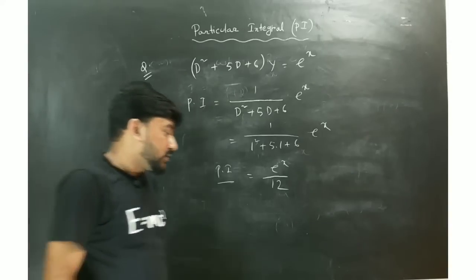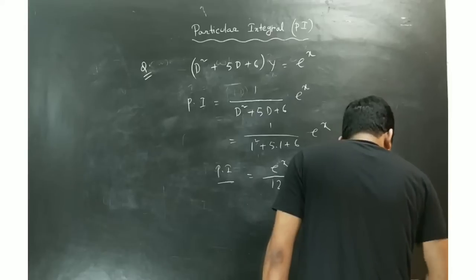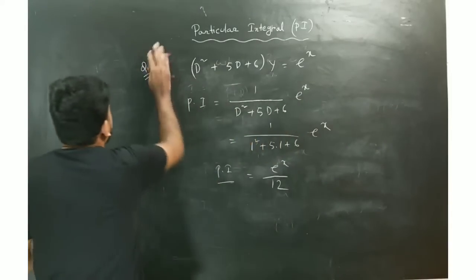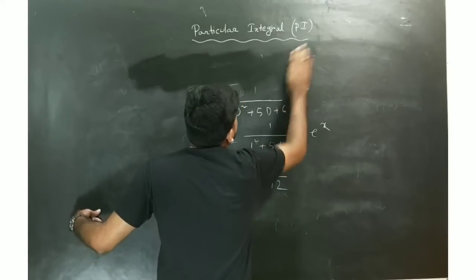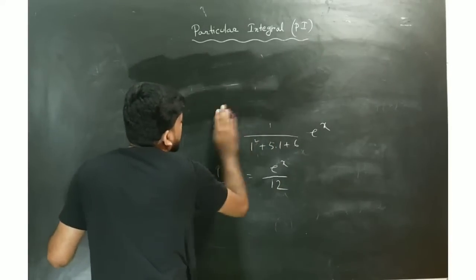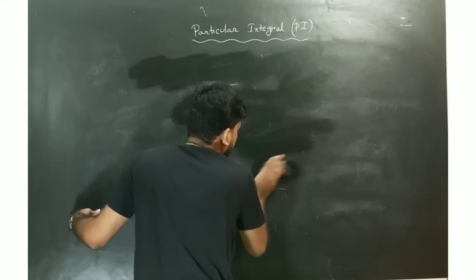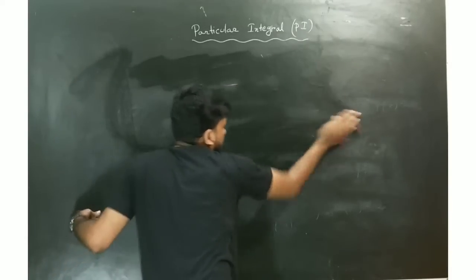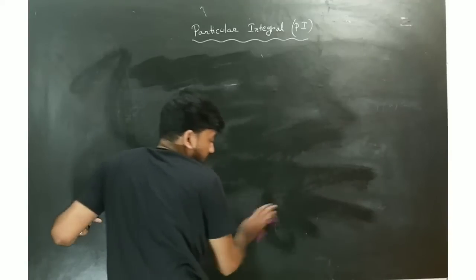Okay. So now let me take another problem where you can find that f of a is equal to 0. So you have to go one more step. Okay.